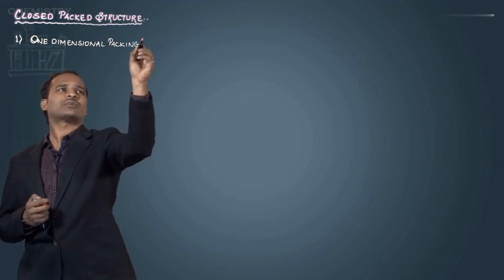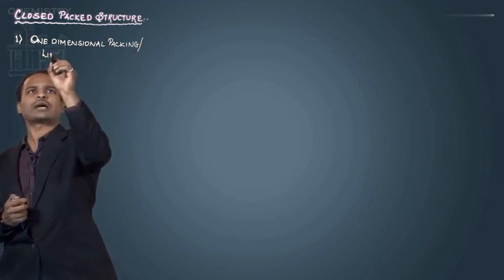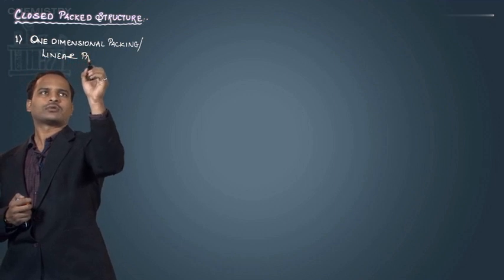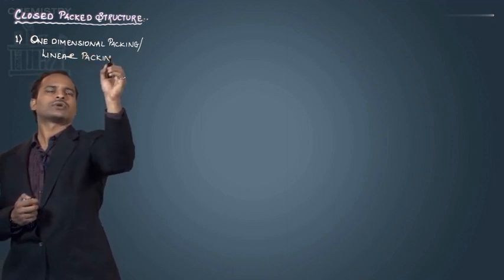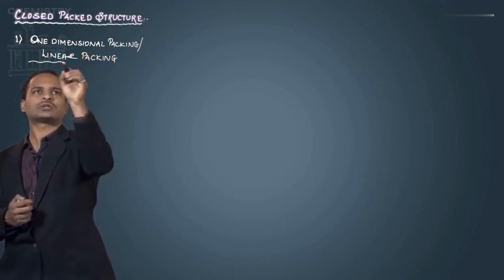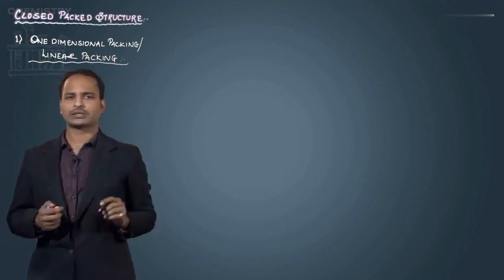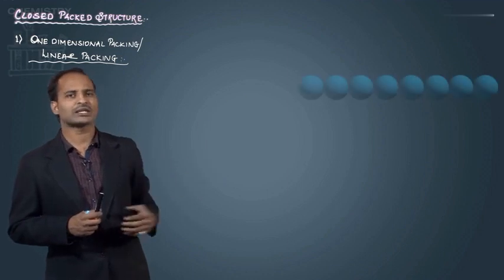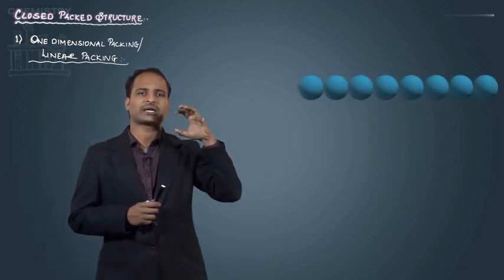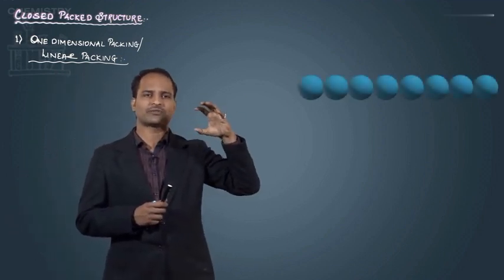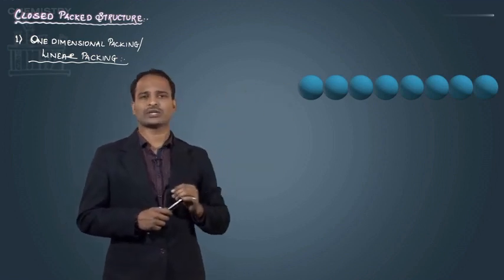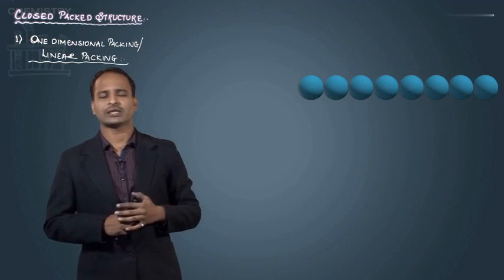This one-dimensional packing is also known as linear packing in solid. Here in this part we are talking about the arrangement of particles. In one-dimensional packing, as you can see, all the particles are arranged in a straight line. After one particle there is another, then another.